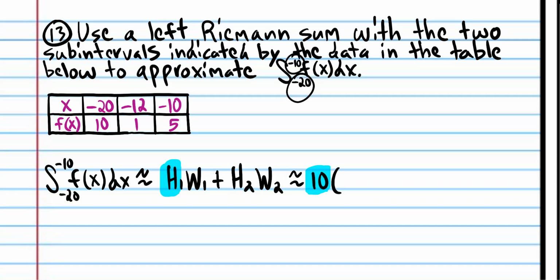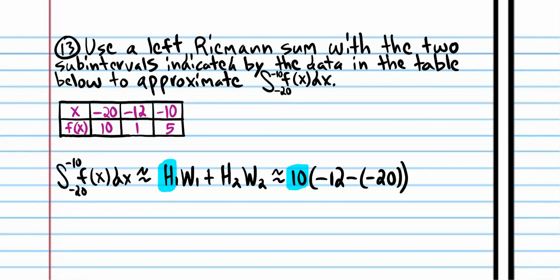You can see that we're moving left to right. X is going from left to right. And so because we're moving from left to right, we need to take negative 12 and subtract negative 20. We have to do it in that order.